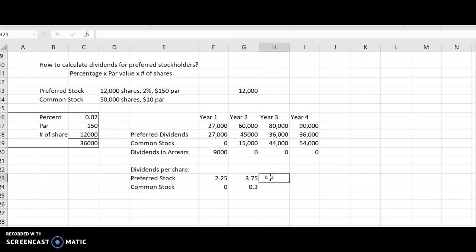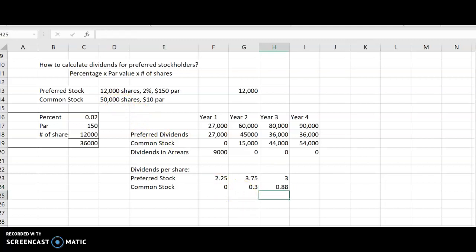Okay, year 3, I have 36,000 and 12,000 shares. So that's $3. Okay, and then for common stock, I have 44,000 divided by the number of common stock shares, which is 50,000.